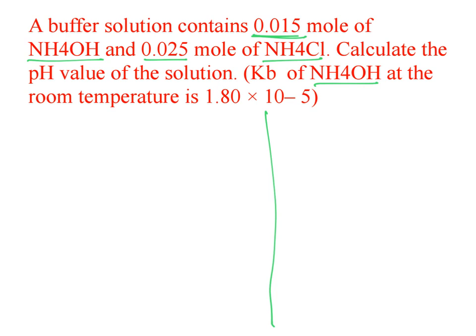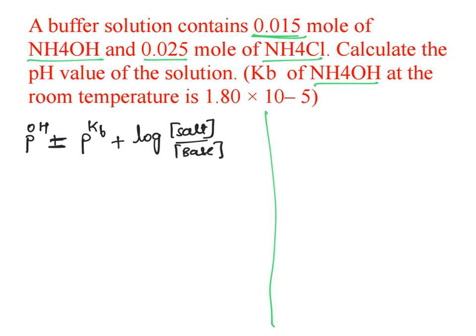The formula for a basic buffer solution is pOH equals pKb plus log of concentration of salt by concentration of base. Here ammonium chloride is the salt, given as 0.025, and the concentration of base, ammonium hydroxide, is 0.015.